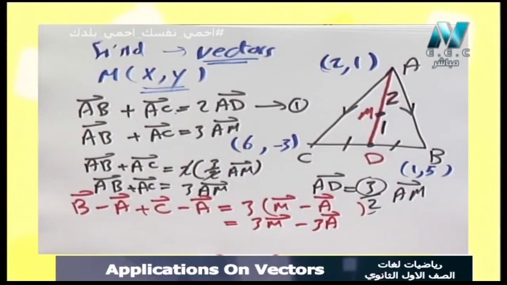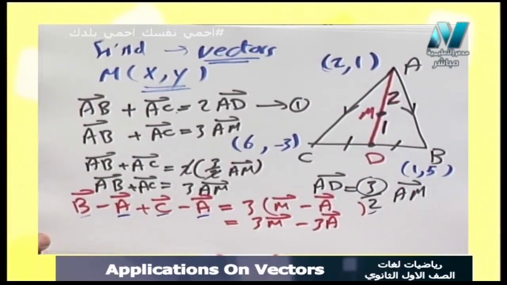We have here B minus A plus C minus A also, and we have -3A here.